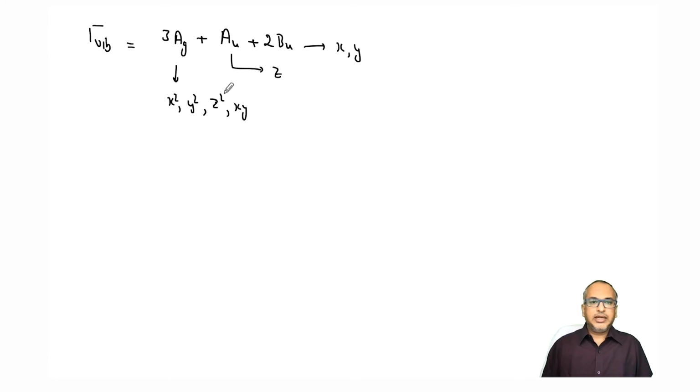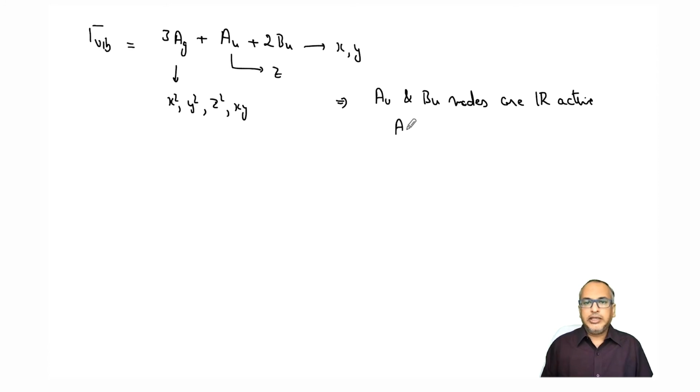So now you can see that this implies that Au and Bu modes are IR active and Ag modes are Raman active.